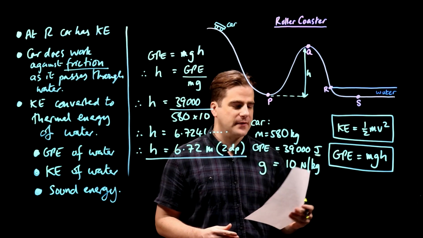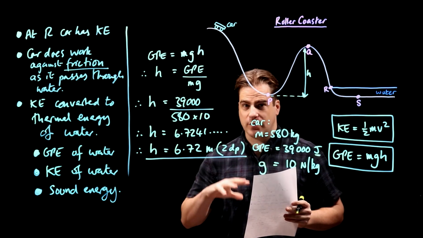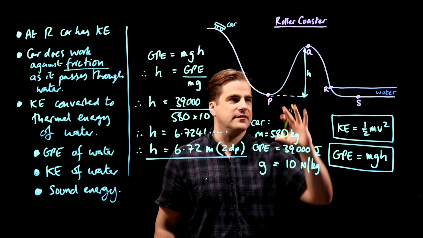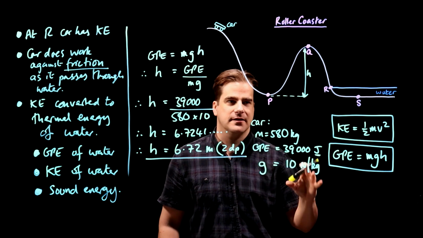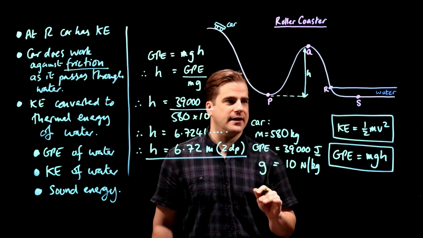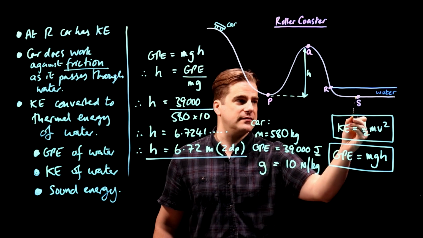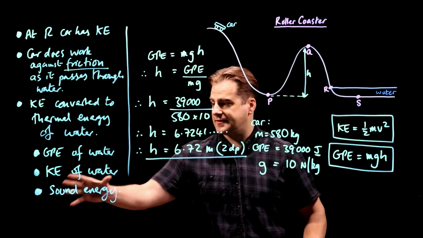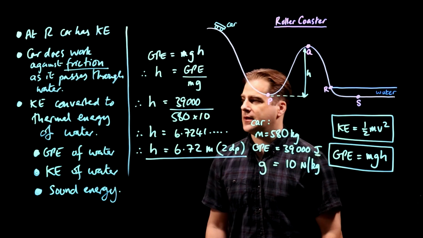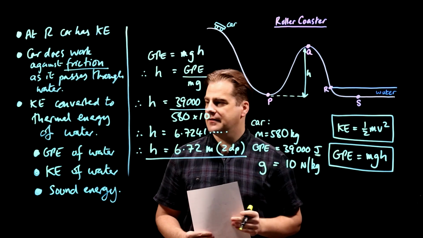So technically, you shouldn't really say sound energy if you're answering the question they've asked, which is the energy of this system, and the water is part of the system, but I don't think the surrounding air is. So I don't like the question. It's not a great question, okay? It would have been better if they'd said, describe the energy changes as the car moves from R and comes to a halt at S. Then sound energy is definitely an important one to mention, okay? So let's hope in the real thing, in the exam, they word the question better.